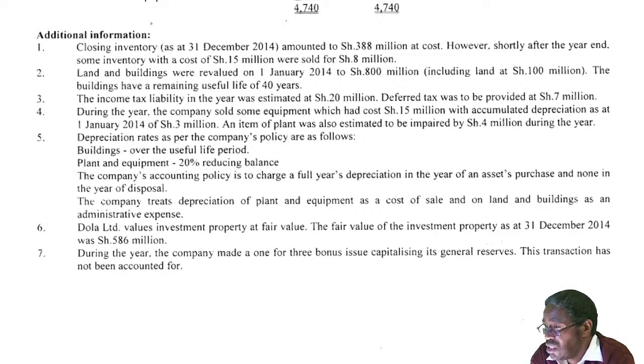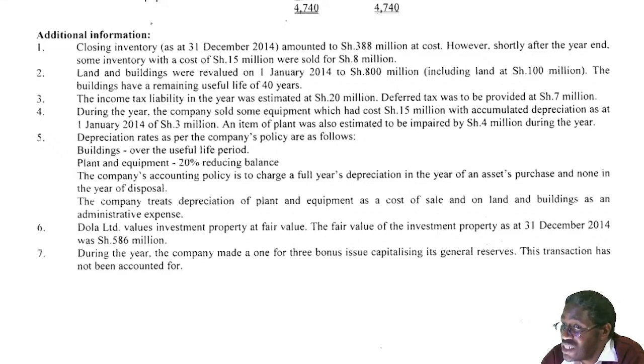Listen, another key point: this building was not revalued by 31st December 2014. By the end of the year, we are not revaluing it; we revalued it at the beginning of this year. So it means this year we shall depreciate it. Get the point?